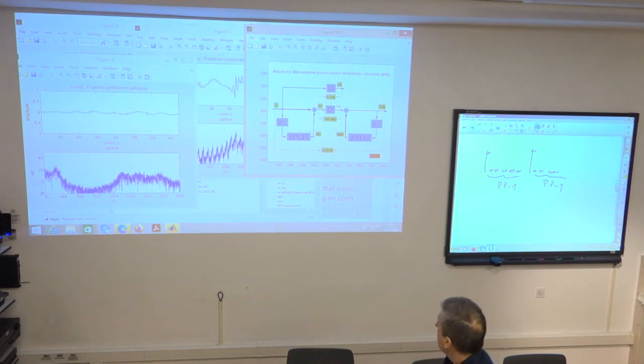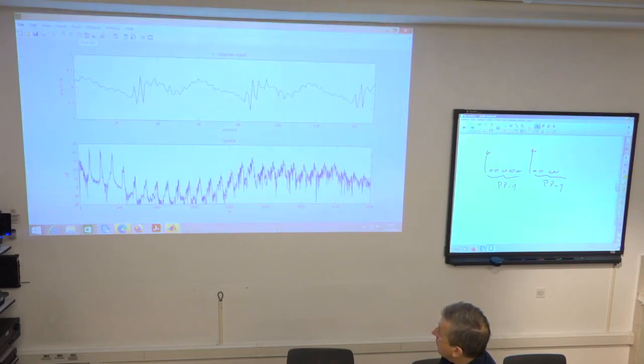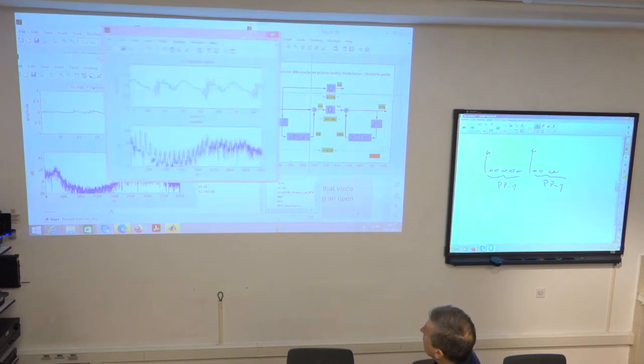If I plot only this X, you see that it has a similar spectral shape.